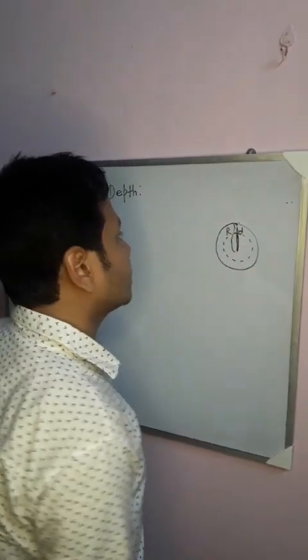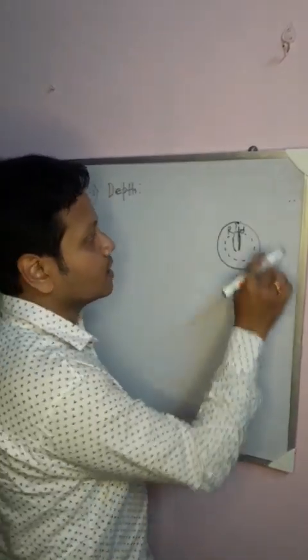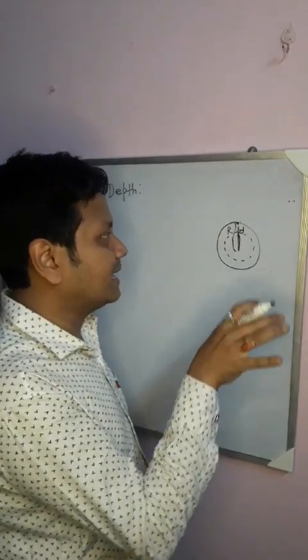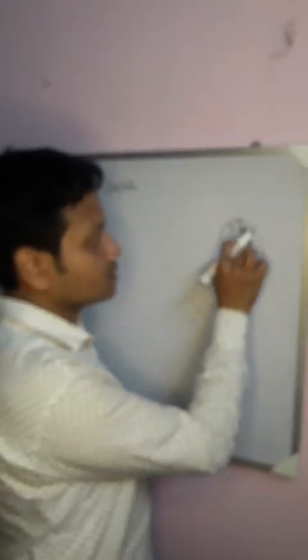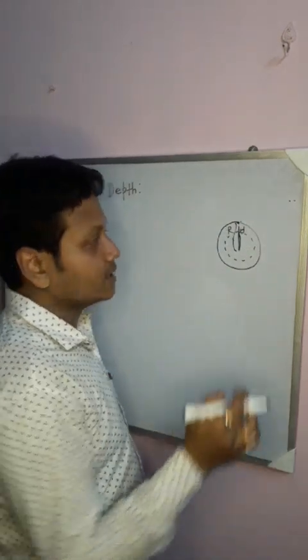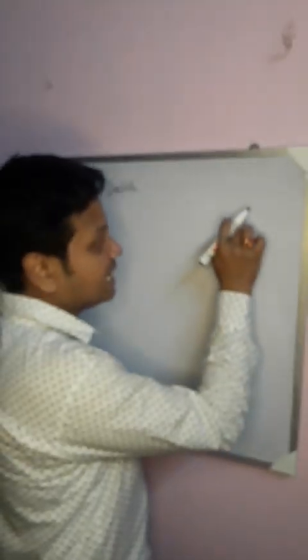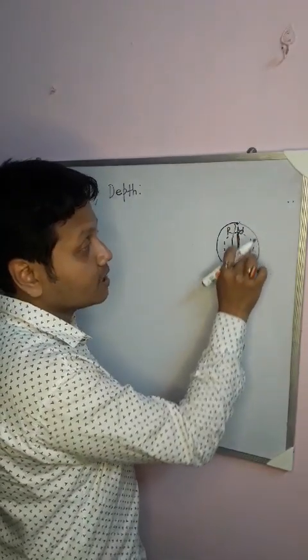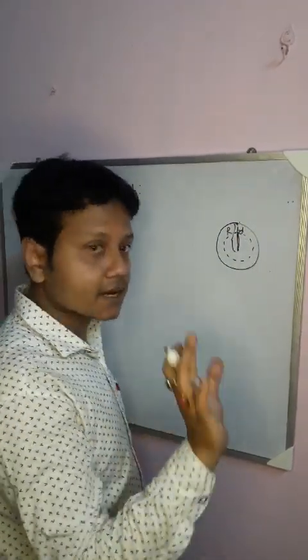That means here you can say that there are two spheres. The object of mass m is located inside the sphere of radius R, obviously, and at the surface of a spherical shell of radius R minus d.